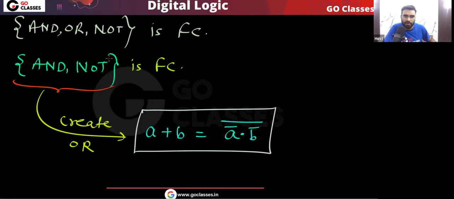To create the OR operation, I am only using AND, NOT, nothing else. So this is the proof that AND, NOT is also functionally complete.